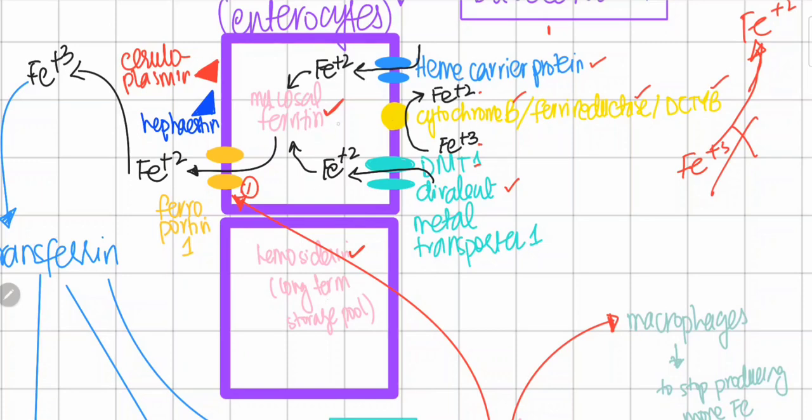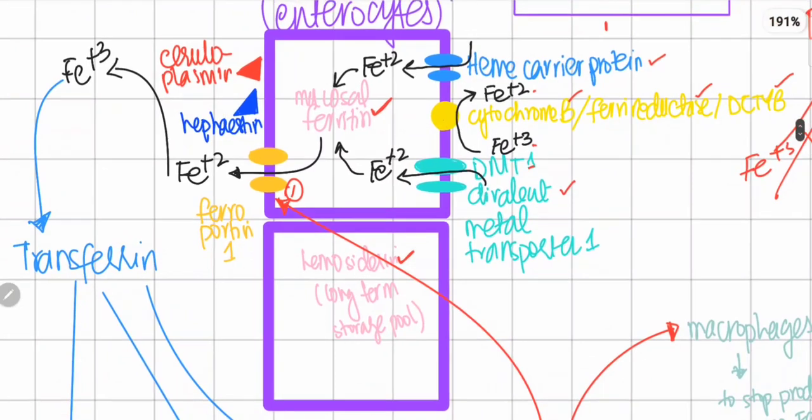Now, because the iron is stored in these enterocytes, and intestinal epithelium is regenerating almost daily, that is how we can shed this iron, and that's how we can get rid of iron from the body through feces, because of the intestinal shedding. All right.